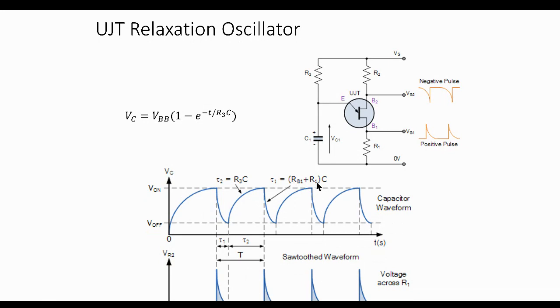So it's important to note RB1 and R1 when we have this capacitor discharging, that's how the current would flow.